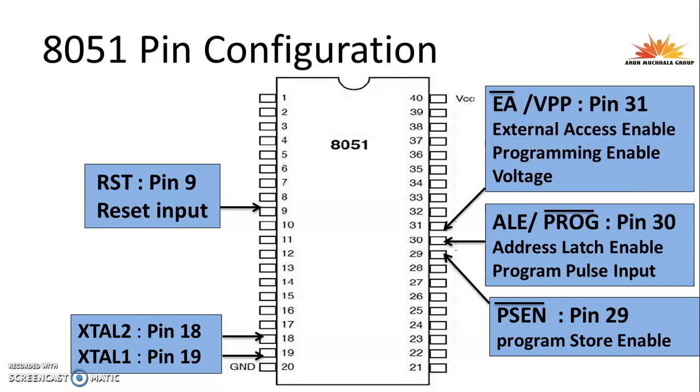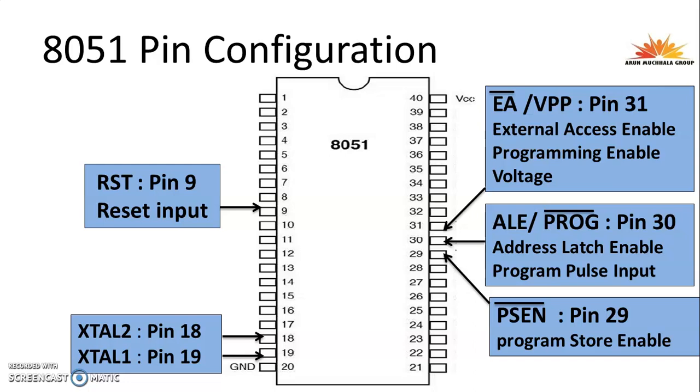Pin number 31. Pin number 31 is EA bar or VPP. EA bar is an active low pin. It is the external access enable pin. External access enable pin is used to enable or disable external memory interfacing.